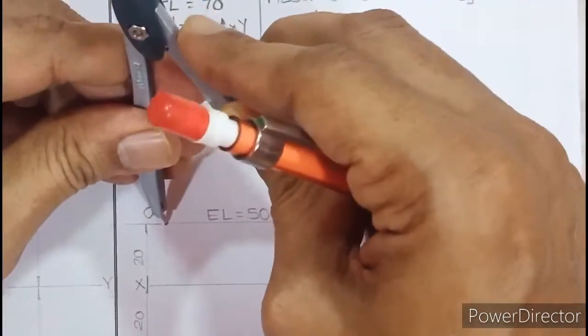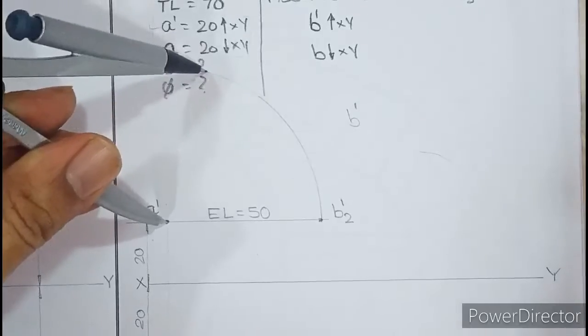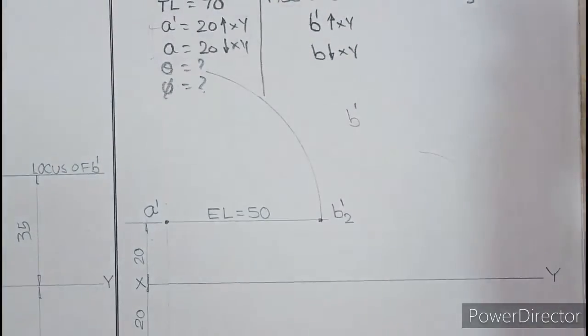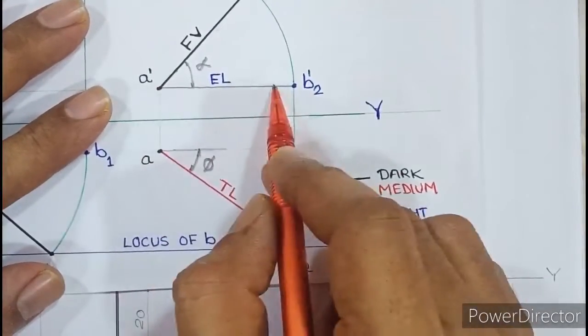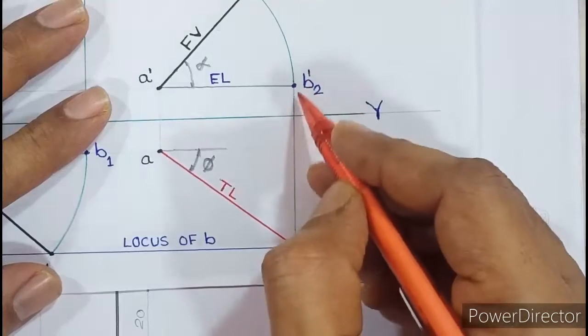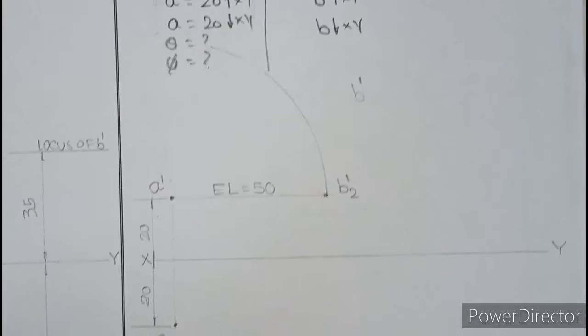We don't have locus of B dash here. So what we can do is simply rotate and keep it as it is. I'll just simply rotate. I don't know how much, but further you can also operate this elevation length in the other direction, that is, project B2 dash to cut locus of B. So here we have B2 dash.